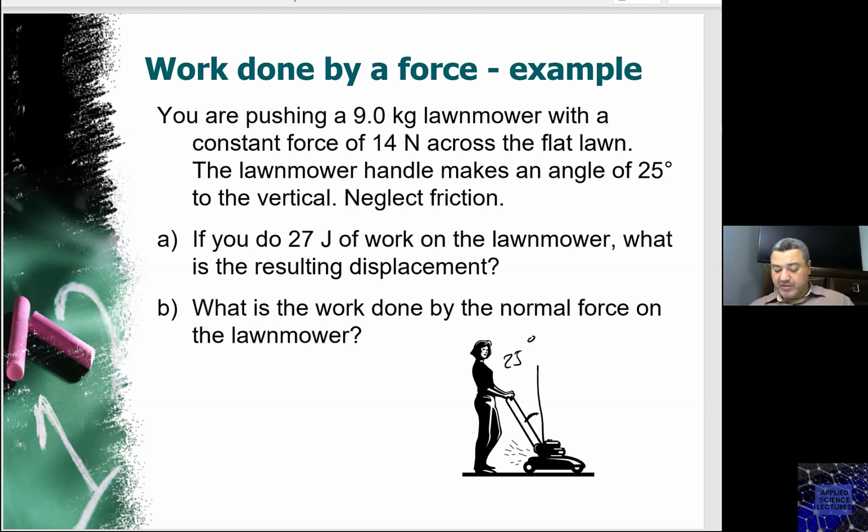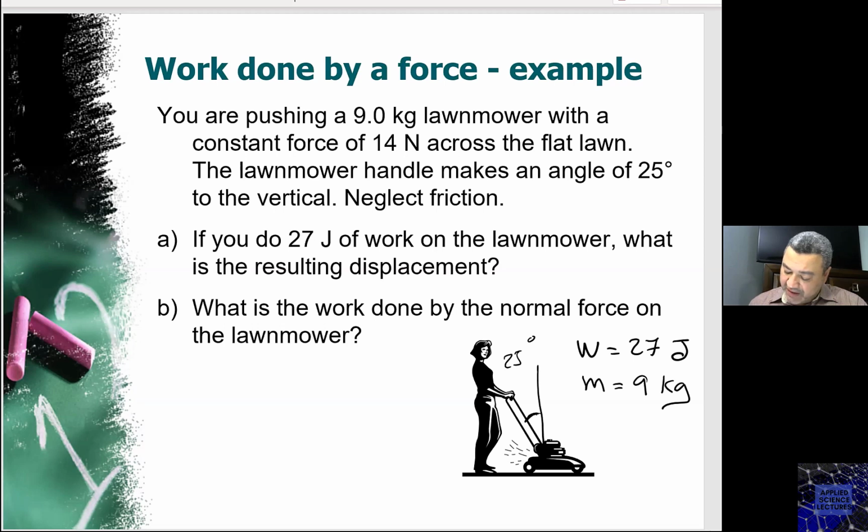Neglect the friction. If you do 27, so we have here the work. The work is given to me as 27 joules. The angle to the vertical is also given to me. The mass is given to me, 9 kilograms. We need to calculate the displacement.